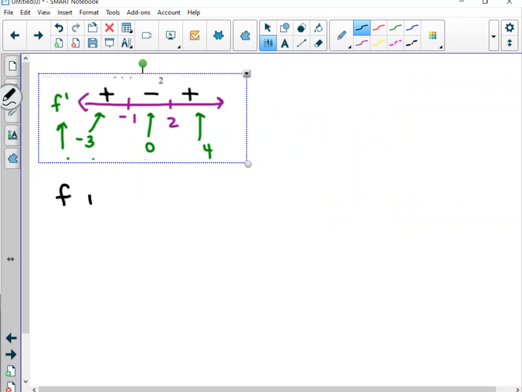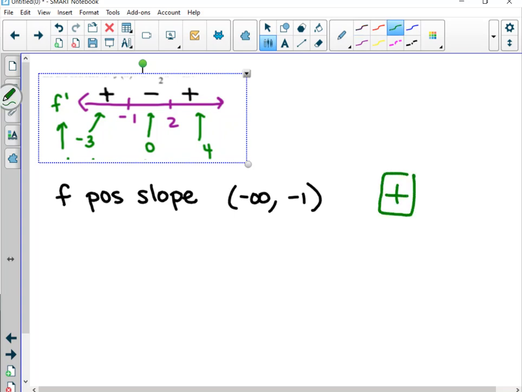So I know f has a positive slope from negative infinity to -1. That's what that plus sign is indicating on the number line. Positive slope, f prime greater than 0, increasing.